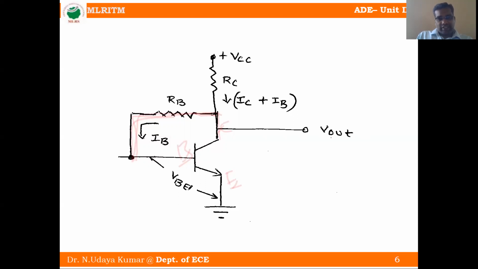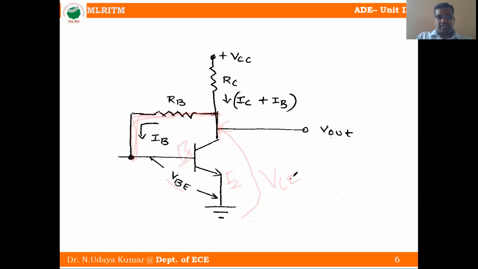The junction of base and emitter voltage we measure as VBE. Here we take the output, V0. What is the voltage that exists from this point to ground? It is the VCE voltage, since the collector terminal is VC and this is the emitter terminal.